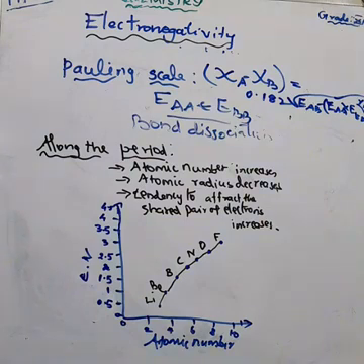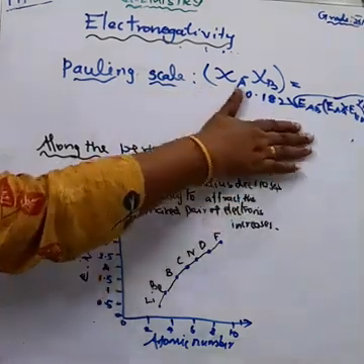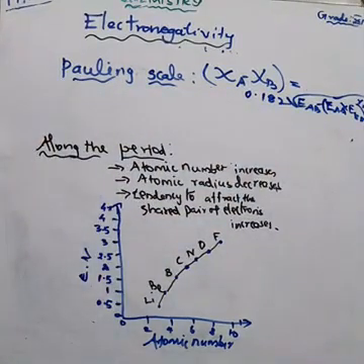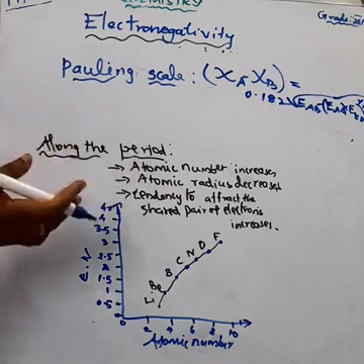Okay, understood. These are about electronegativity. The electronegativity of any given element is not constant, and its value depends upon the element to which it is covalently bonded. So certain values are given to all elements, but it is not a constant value.